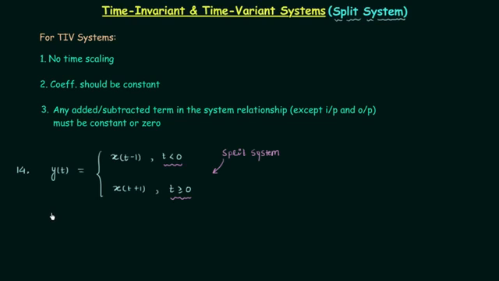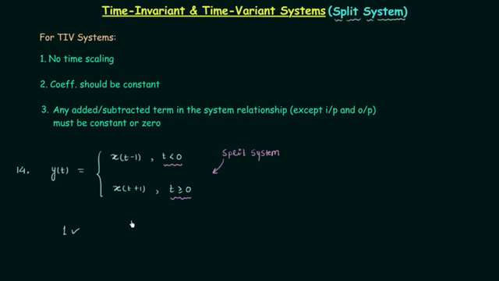In the first condition, we try to find out if there is any time scaling on the input side and also on the output side. On the output side, we only have t, so there is no time scaling. On the input side, we have t minus 1 and t plus 1. There is time shifting, no time scaling. So condition number 1 is true for this system relationship.